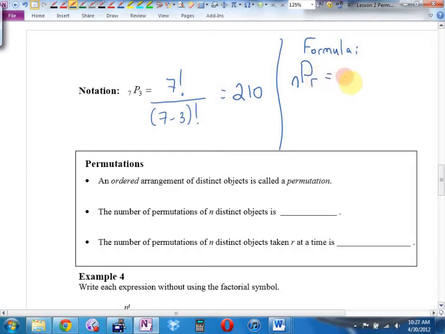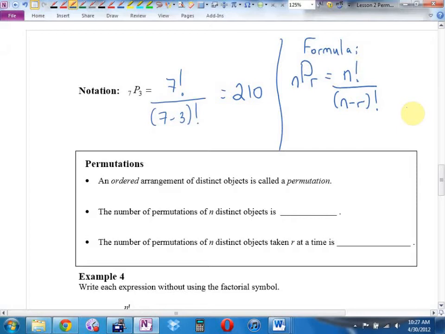This is going to be n factorial all over n minus r factorial. See it kind of popping out of there? Yes? This is on your formula sheet. You don't need to memorize it, but you will need to use it.